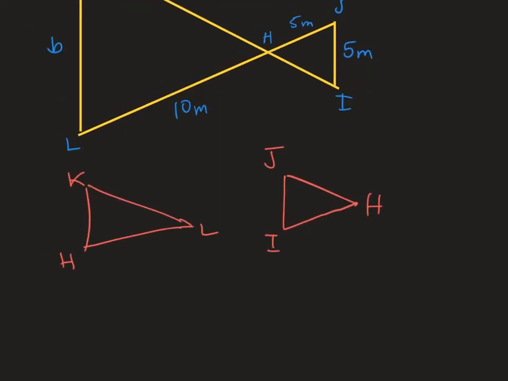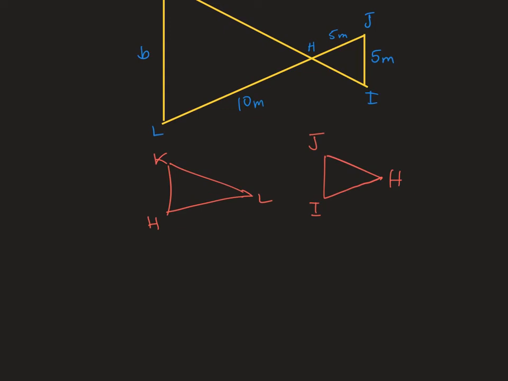That means if we look at them, this is 5 meters and this is 5 meters, and one of these sides, HL, is 10 meters.